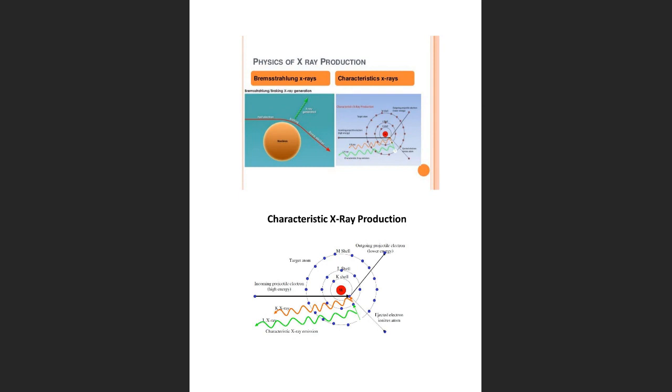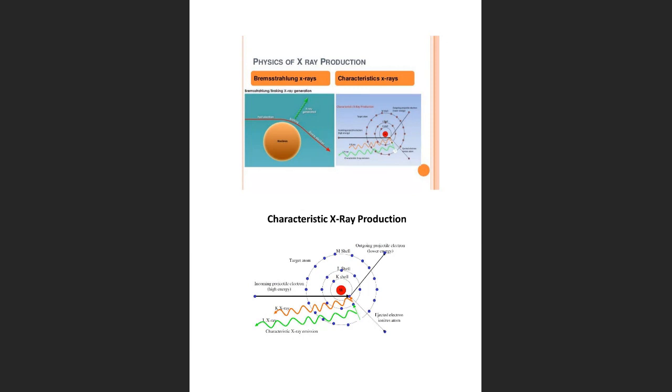So just to help you understand a little more, the characteristic X-ray photons can have different energies, but none of them will be at that 69 because they are always one binding energy minus the other, but they can be different energies that are produced.